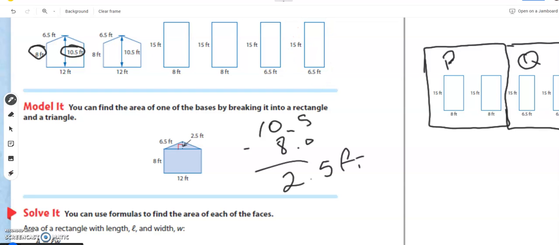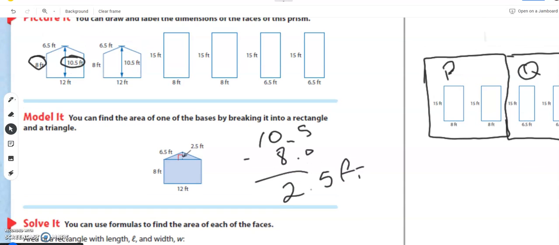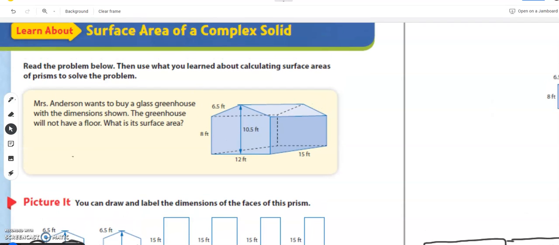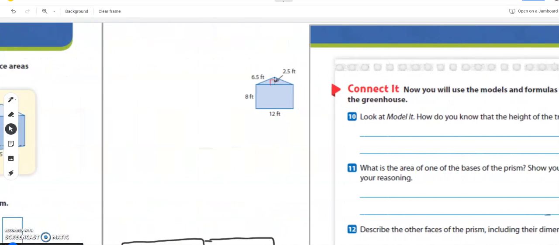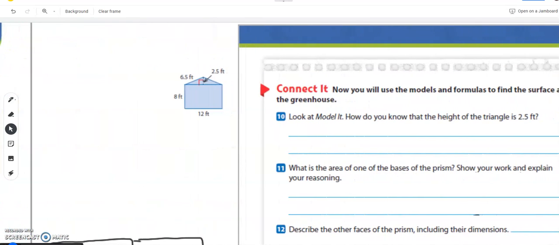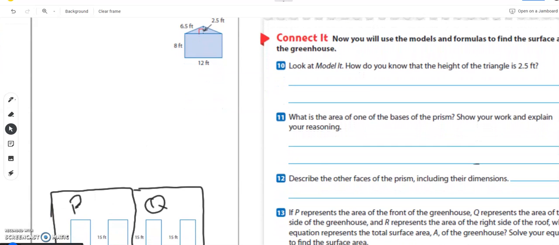So what we have to do is find the area for each one, add them all together, and get the total surface area. It doesn't sound horrible. Okay, so let's look at the model.